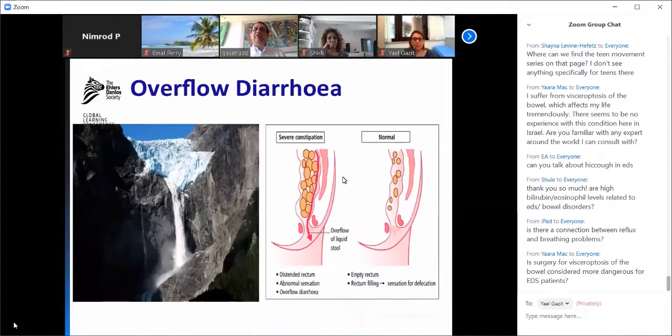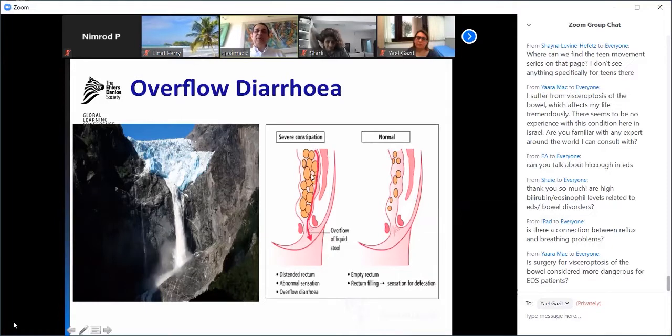So if you look at the figure on the right, you just see here that you have normal gut bacteria, a normal bowel with a normal amount of stool in the rectum, and when people have a call to stool, they will empty it, and you have largely an empty rectum.